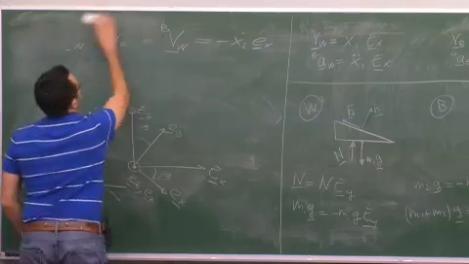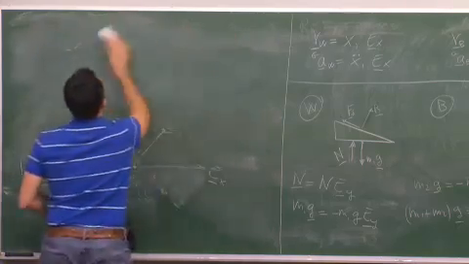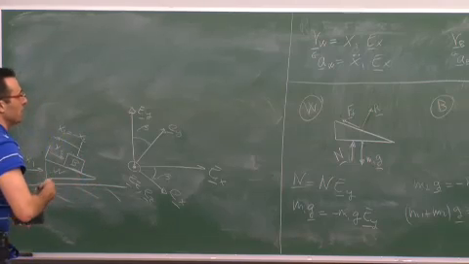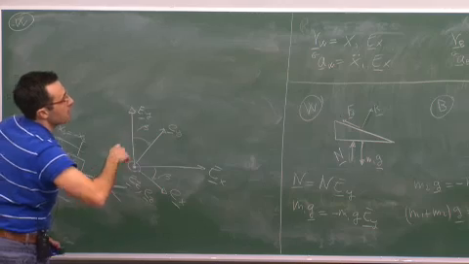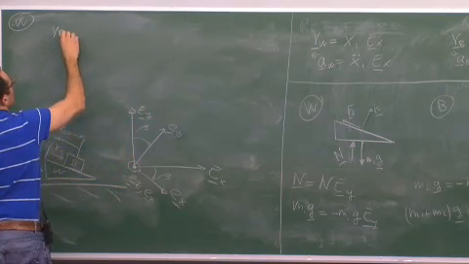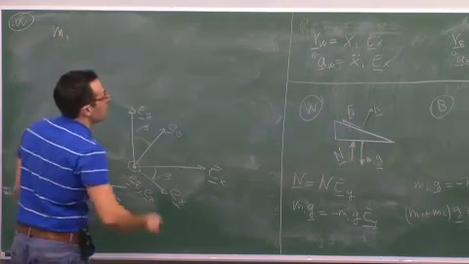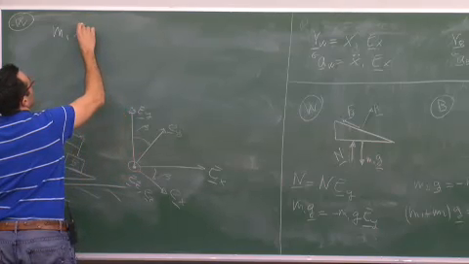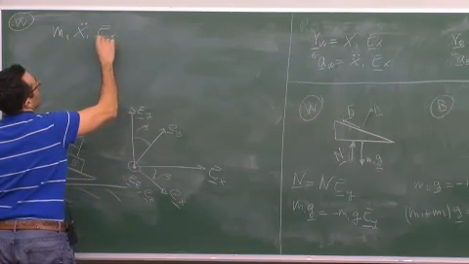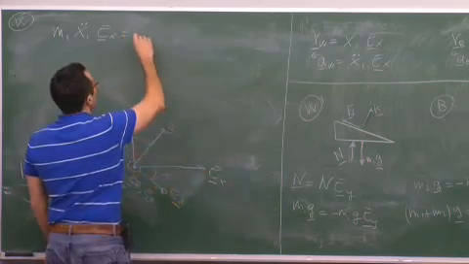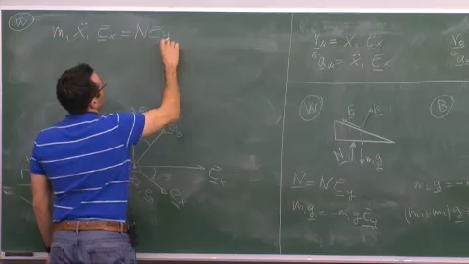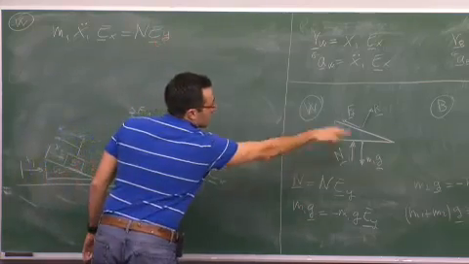Okay. So let's write Newton's second law for the wedge. How about that? So for the wedge, I have m1, the acceleration of the wedge, x1 double dot ex. This is equal to N ey. I'm looking at these forces here acting on the wedge.